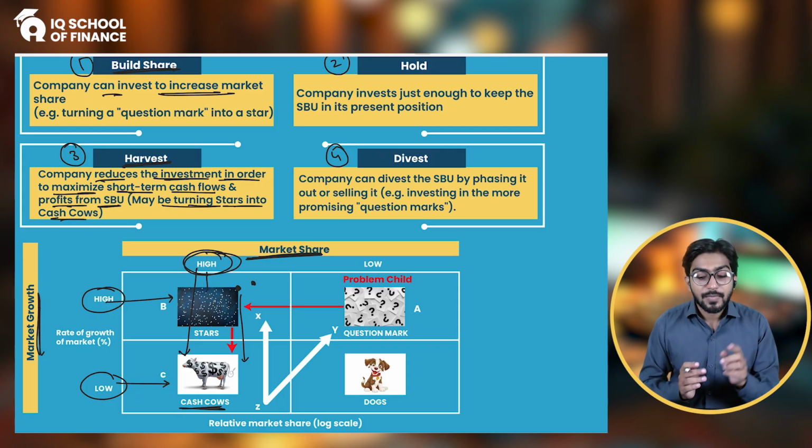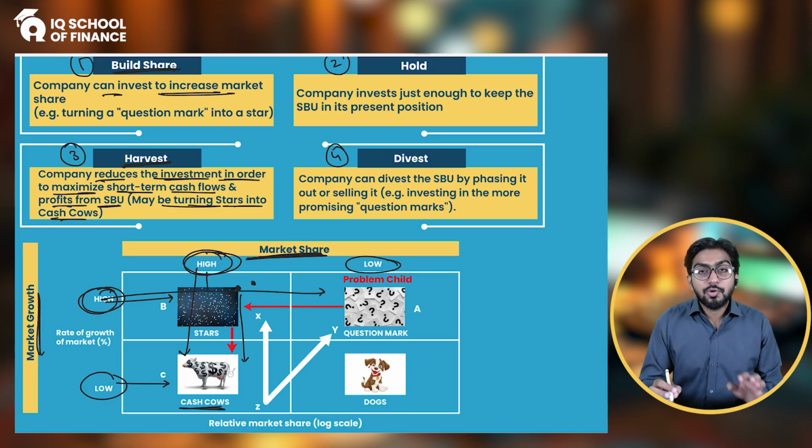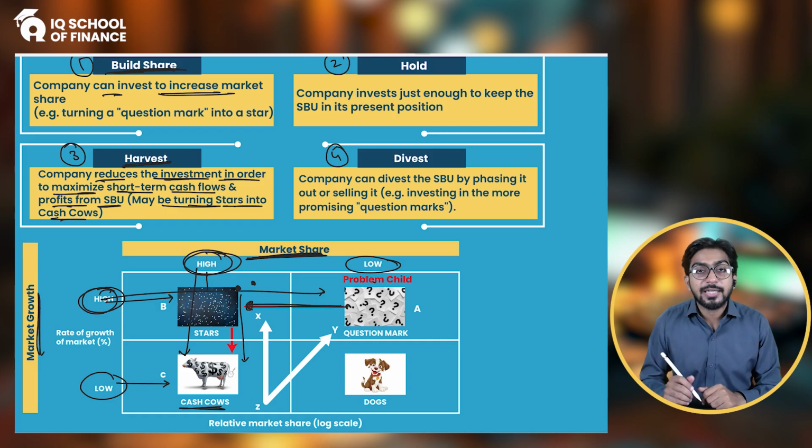And similarly, if the market share is low and the market growth is high, it is a problem child. What will you do? You will build your share into the problem child so that the problem child can become a star product in the future. If it becomes a star, invest into it, build the share.